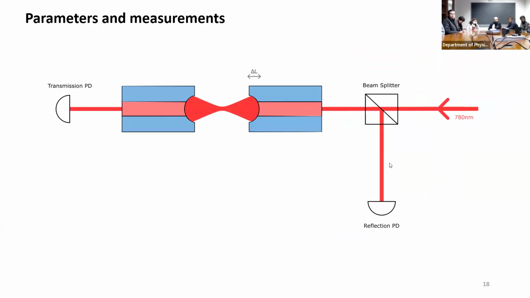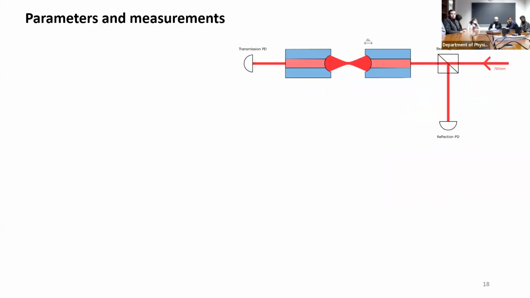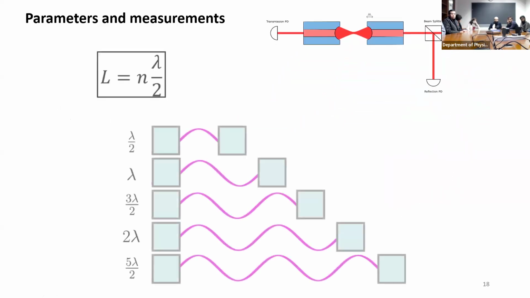So when the light enters the cavity, it reflects off this surface, and then I measure that reflection, and I also measure the transmission coming out of the cavity on this side. And this reflection will tell me how much light was actually input into the cavity, and the transmission will tell me how much light was then further emitted from the cavity. And then the mismatch will tell us how much loss there is in the cavity. And that's what we measured.